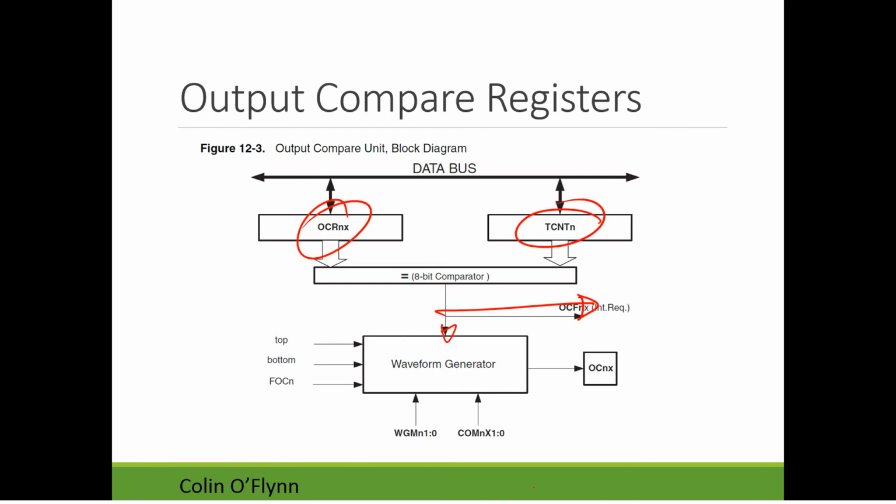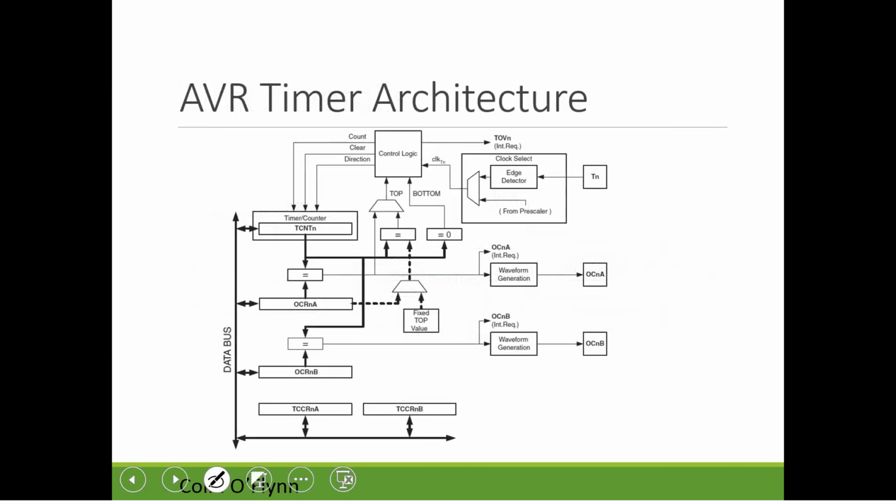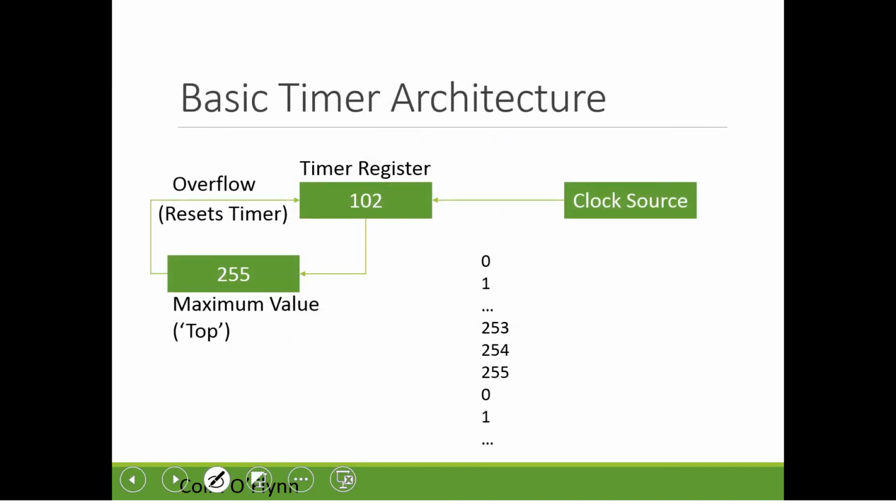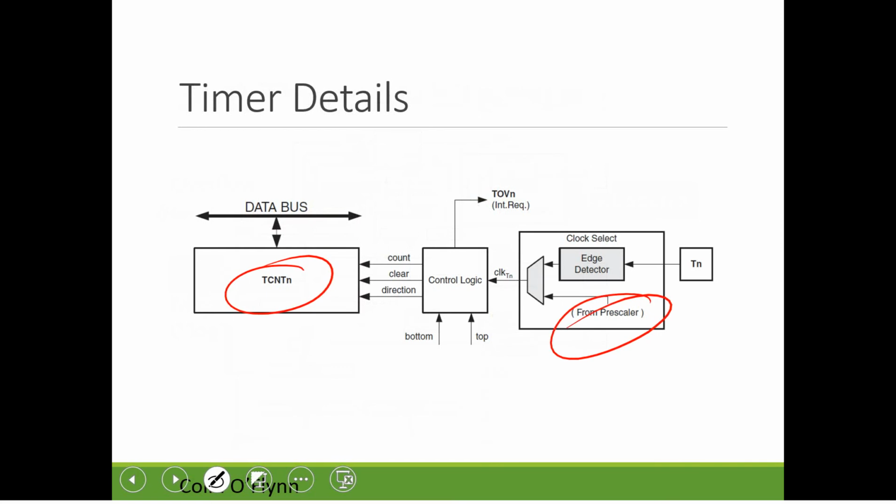So it's always going to count up. If I go back to here, you could use this to say, every time the counter reaches 253, run code. And I just program it to whatever value I want. So within the counter, every time it reaches this, run this chunk of code. That's one thing you can use the output compare for.